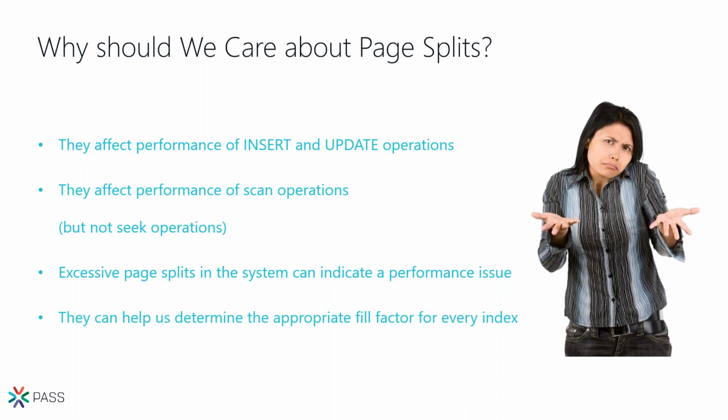And if we monitor page splits at the index level, so if we know how many page splits we have over time on every individual index, this can help us determine what should be the best fill factor for that index. Now, the fill factor determines how much space you leave empty on each one of the leaf level pages when you build the index or rebuild the index.